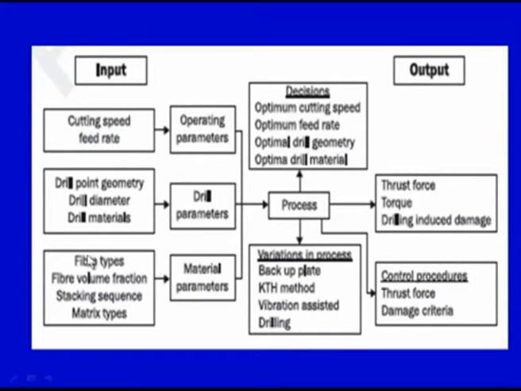And finally we have the material parameters that go into the process. Specifically in case of fiber reinforced plastics, the material parameters are fiber types, fiber volume fraction, stacking sequence and matrix types. So we have four important material parameters which go into the process.